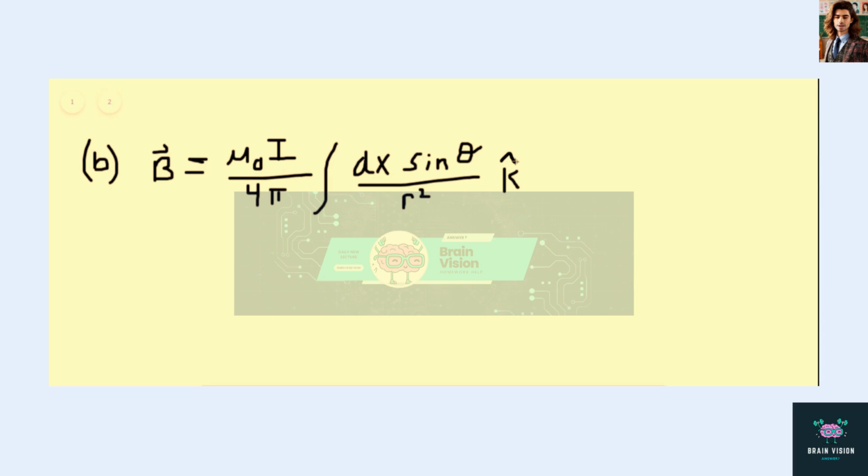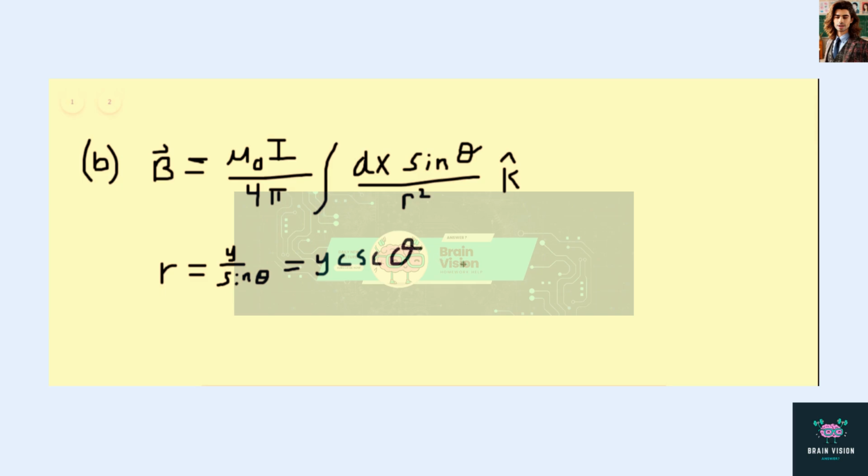So we're going to use some trigonometric identities to simplify this a little bit. From looking at the graph, we have r is equal to y over sine theta, because sine theta is equal to y over r, or opposite over hypotenuse. Or in other words, you can rewrite this as y times the cosecant of theta, because 1 over sine theta is cosecant theta.